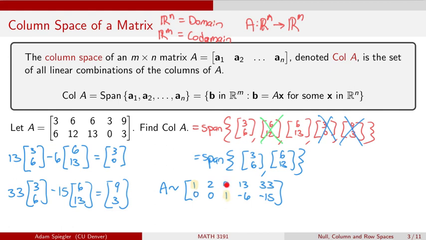Column 1 and column 3 were the two pivot columns. And notice that if I pick the original two column vectors associated to the pivots, these are the only two vectors that we need to form the column space of matrix A. So there is some connection between this reduced row echelon form and how we can represent the null space of matrix A and how we can represent the column space of matrix A. And we're going to revisit this in more detail.